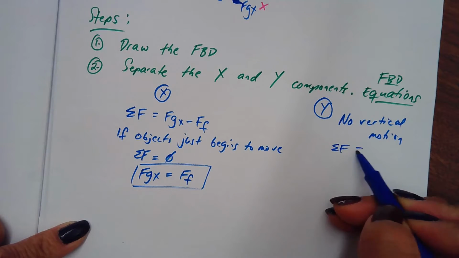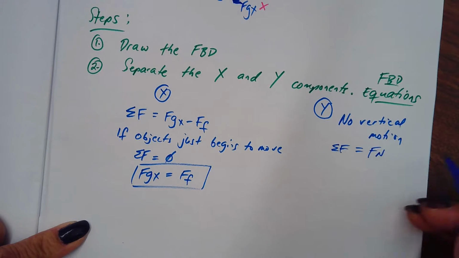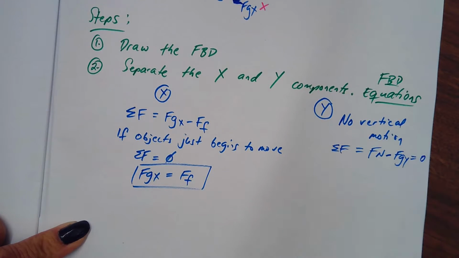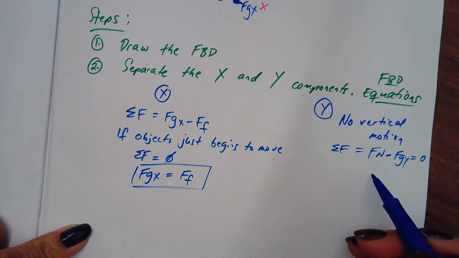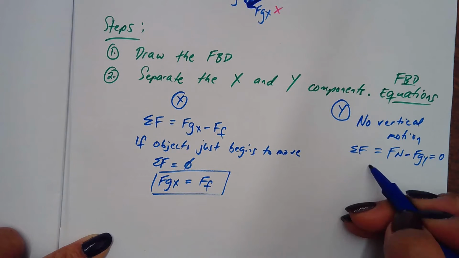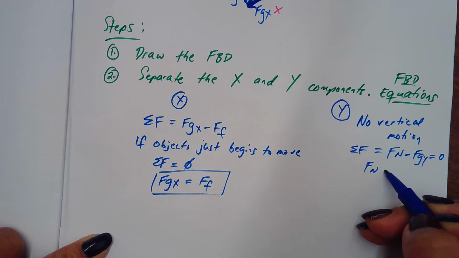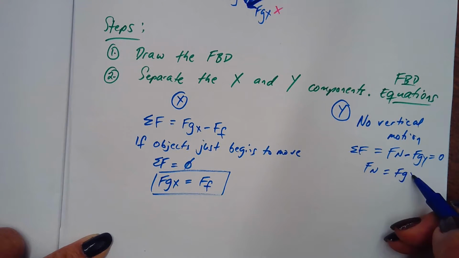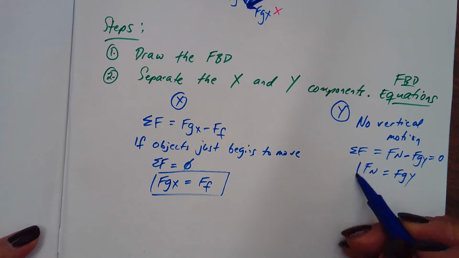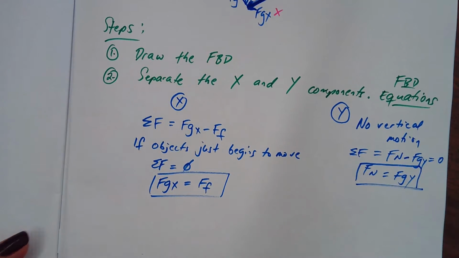Okay, in this case, there is no net force, so we can write the equation as Fn minus Fgy equals 0. So what can we say about Fn and Fgy? Go ahead, write that down. So you got Fn. They are equal to each other in terms of numbers, right? Opposite direction. So that is the equation for the y component.